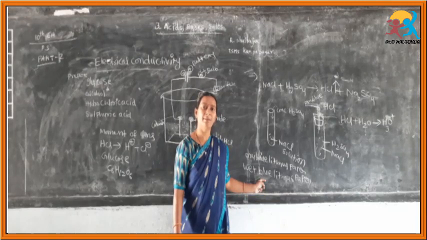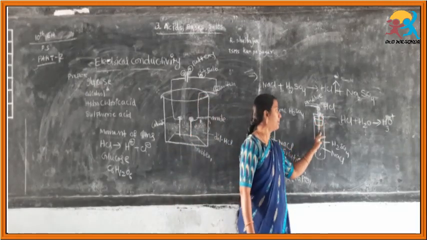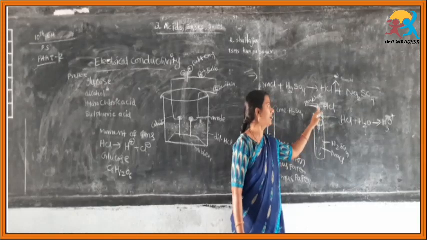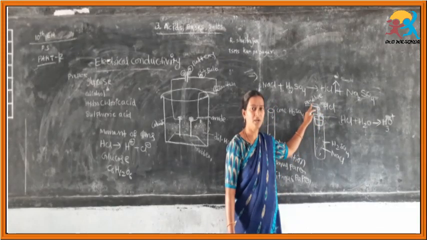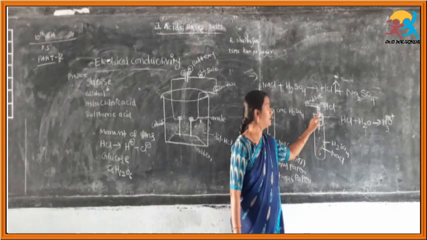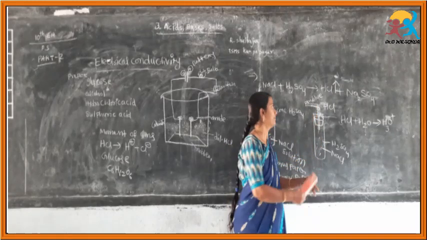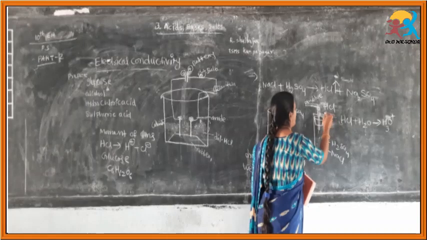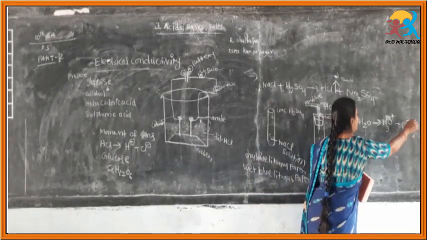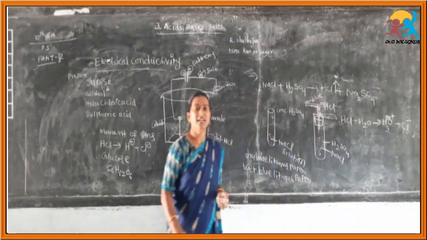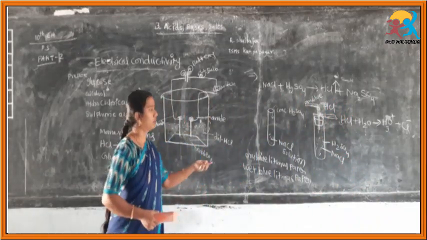Because the pure HCl on the dry blue litmus paper does not show its acidic nature. In wet blue litmus paper, in the presence of water only, it shows its acidic nature. So this is the nature of HCl in the presence of water.